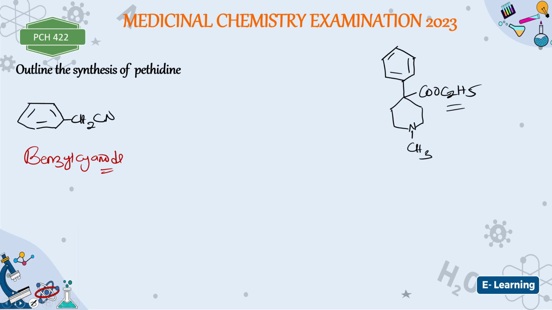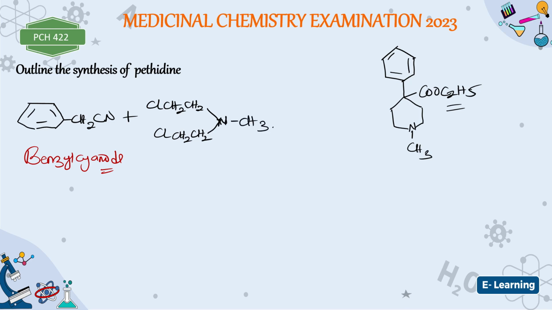Now what is the structure of bis 2-chloroethyl methylamine? Something like this. You have chlorine group, CH2, CH2. You have another chloro, CH2, CH2. Alright, and then you have all this connected to nitrogen, and then you have CH3.